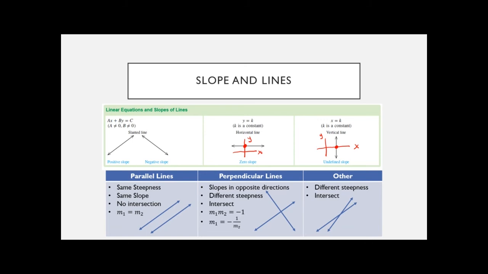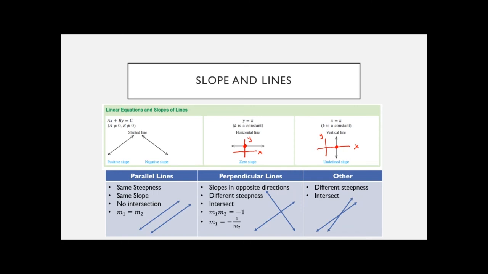The slope of one line is equal to the slope of the other. That's why it's m1 equals m2. The 1 and 2 are just labels. That's nice, because if you have two equations with the same slope, you automatically know they're not going to intersect.